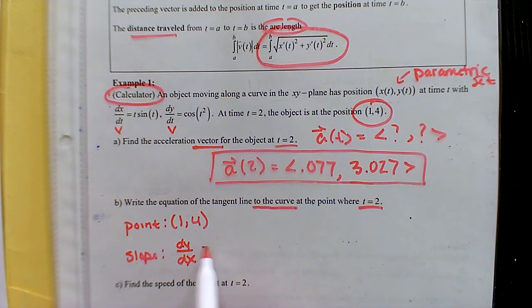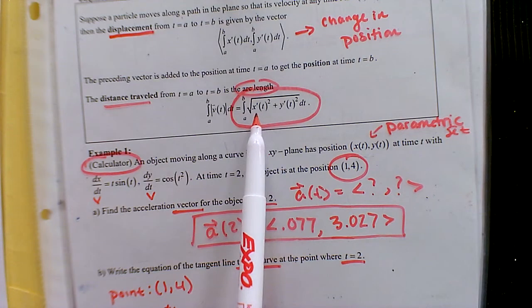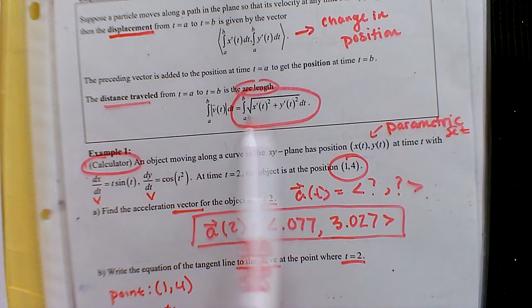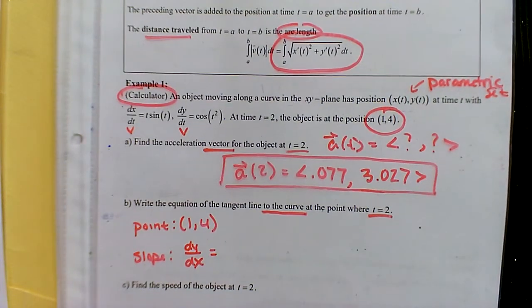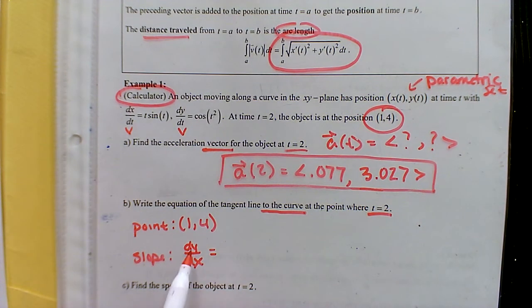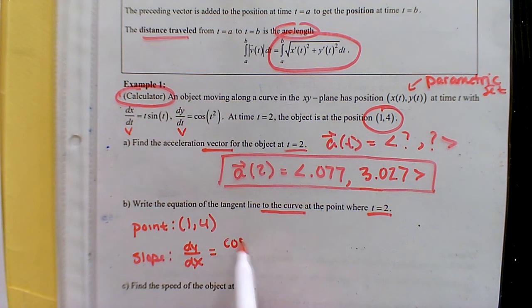How would you use that type? This one up here? Yeah, that's for total distance. We'll get there eventually. It's just asking for the slope of the curve. So if we know the individual derivatives, we can just do the y derivative over the x derivative. So that would be cosine of t squared over t sine of t.